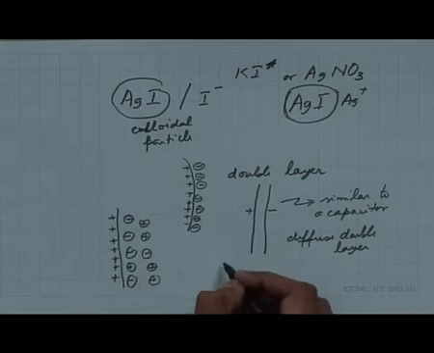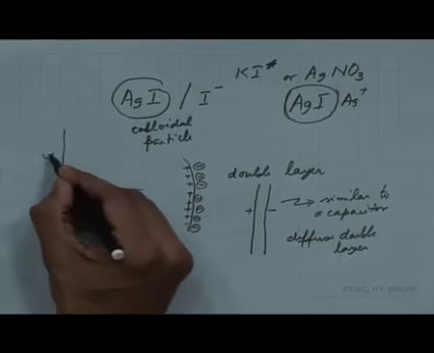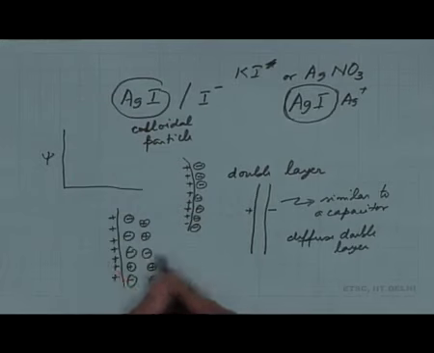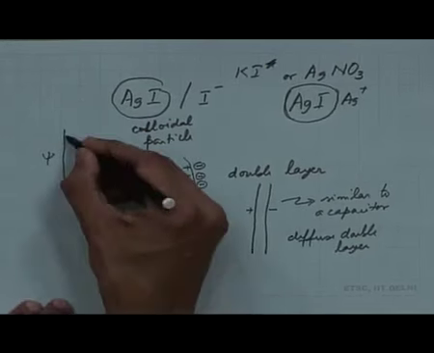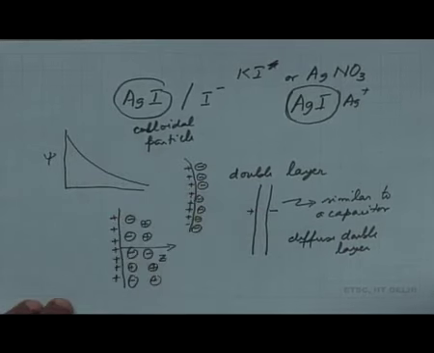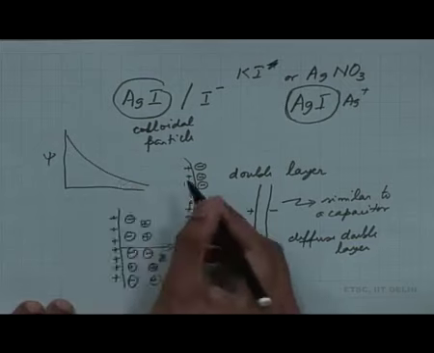So, if you plotted the potential that is formed in this double layer as a function of the distance, it looks something like this. This potential has an exponential fall off.